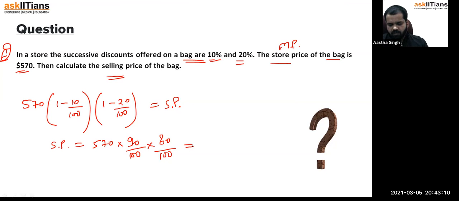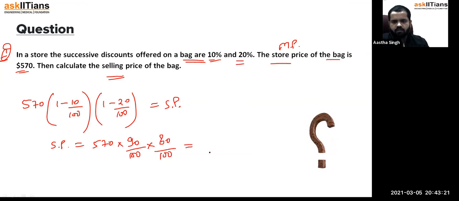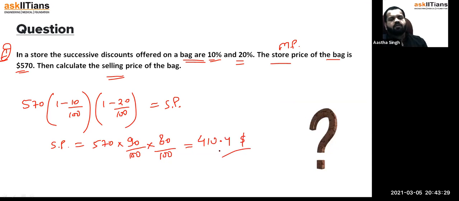Just do the calculation, guys. This will give you 410.4 dollars. Okay, this is what successive discount means, right?